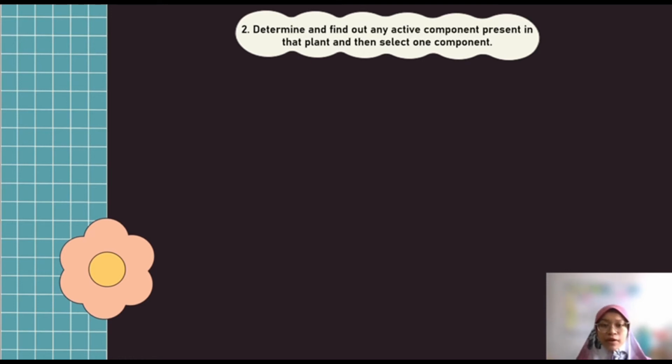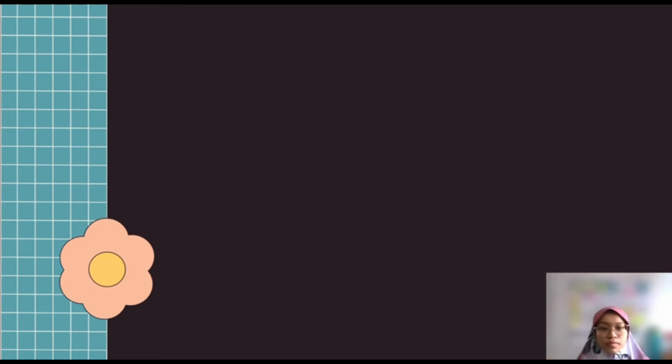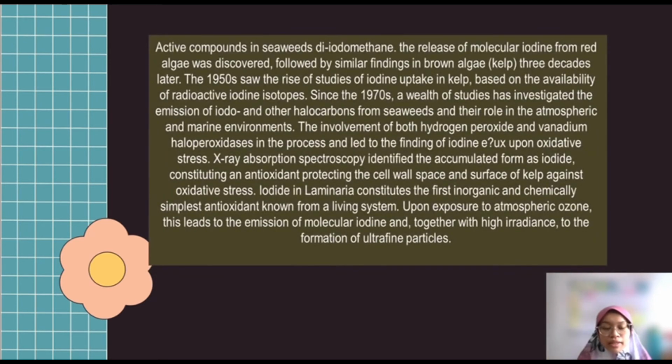Determine and find out any active component present in that plant, and then select one component. IUPAC name: diiodomethane. The active compound in seaweeds is diiodomethane. The release of molecular iodine from red algae was discovered, followed by similar findings in brown algae kelp three decades later. The involvement of both hydrogen peroxide and vanadium haloperoxidase in the process led to the finding of iodine upon oxidative stress.